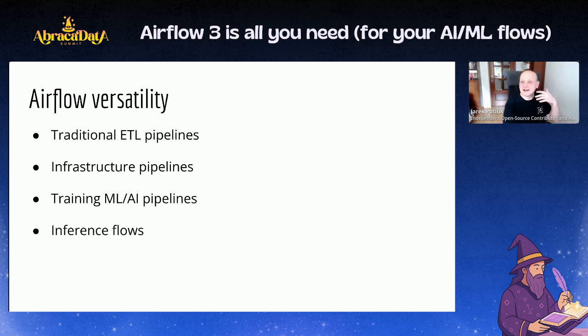Airflow wasn't designed for that, but we figured out that people are already using Airflow for these machine learning and AI pipelines because it's so convenient, so nice to be able to run something in a reliable way that we can monitor.